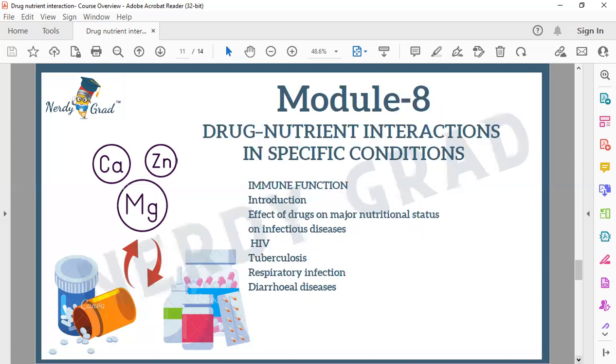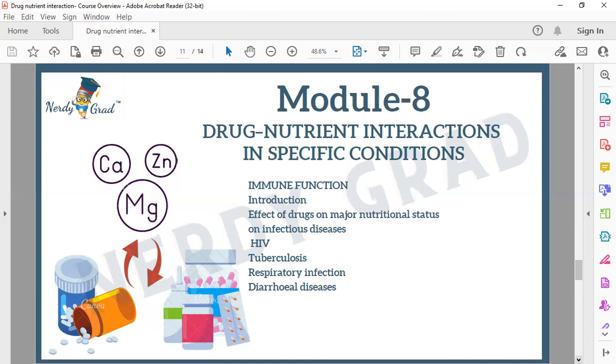Our next topic is module 8, drug nutrient interaction in specific conditions. Pre-existing specific conditions play a major role in defining the drug nutrient interactions, especially in people with immune function modalities and infectious diseases.